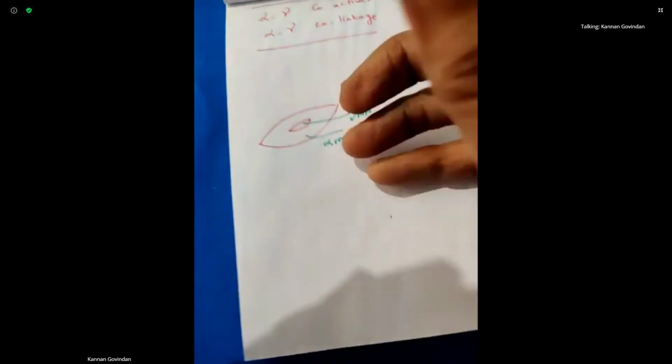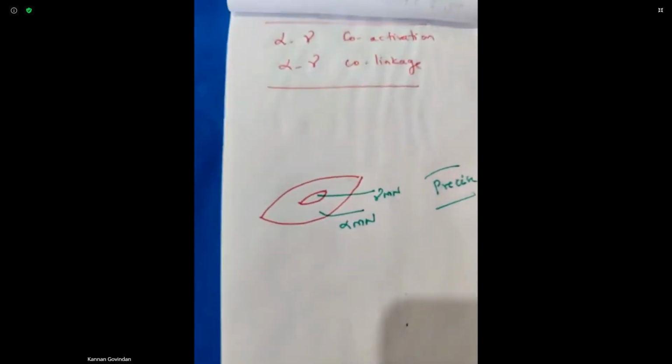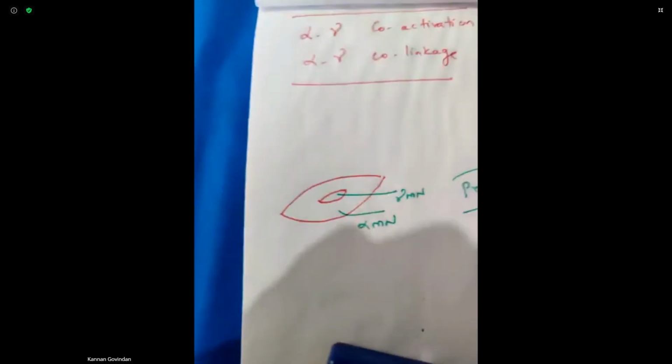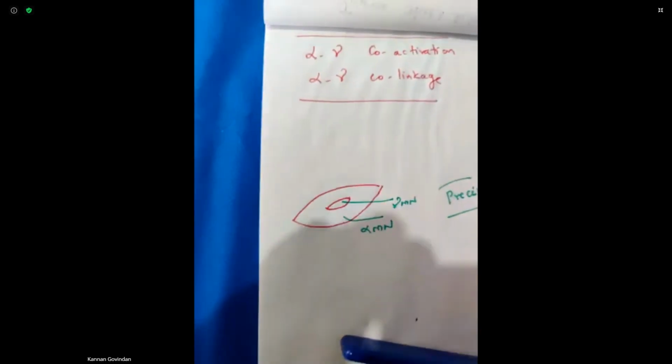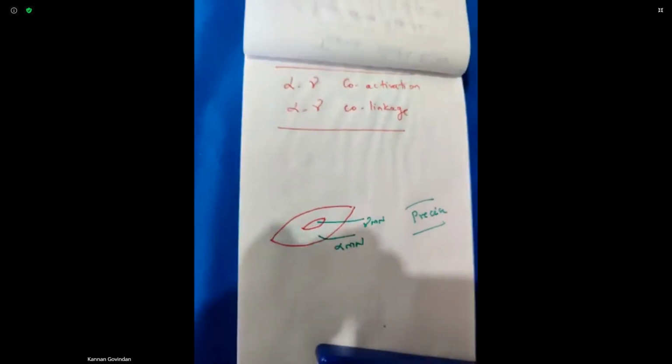Whenever you need a precise, well-controlled muscle movement, both the intrafusal fibers and extrafusal fibers should contract at the same time. Whenever you are doing a voluntary activity or a precise movement, both alpha and gamma should contract at the same time. This is brought out by alpha gamma co-linkage or co-activation.